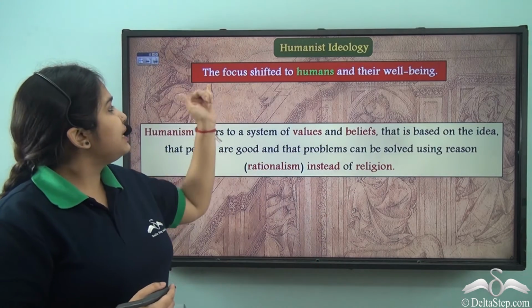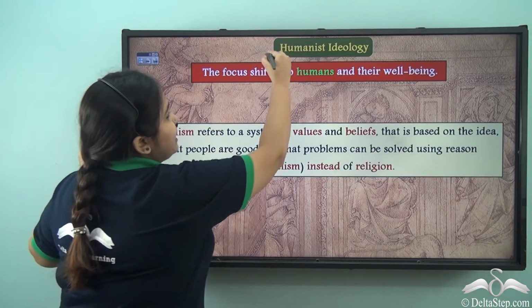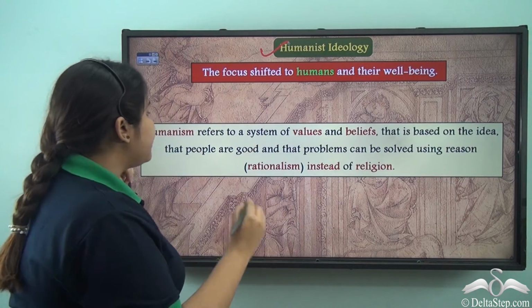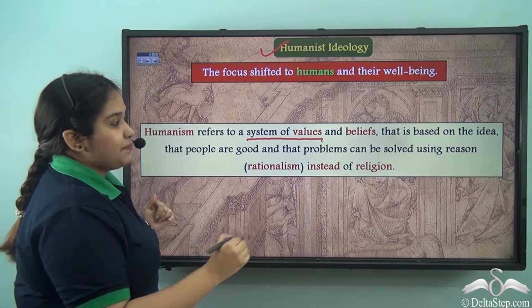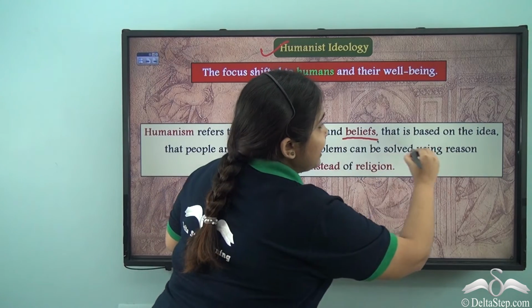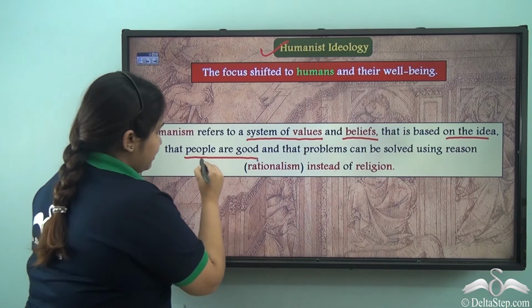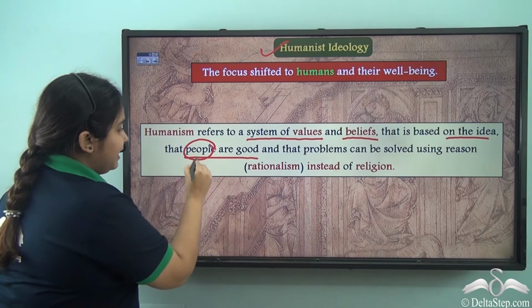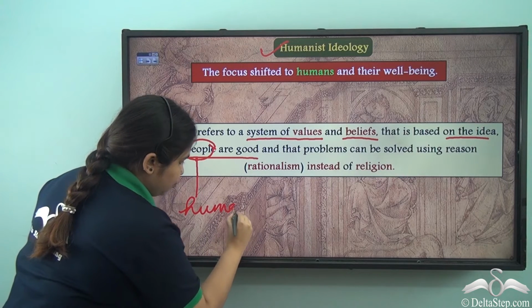So, essentially, when we focus on what humanist ideology is, in a broader sense, we refer to a system of values and beliefs that is based on the idea that people are good. So, here people is basically humans.